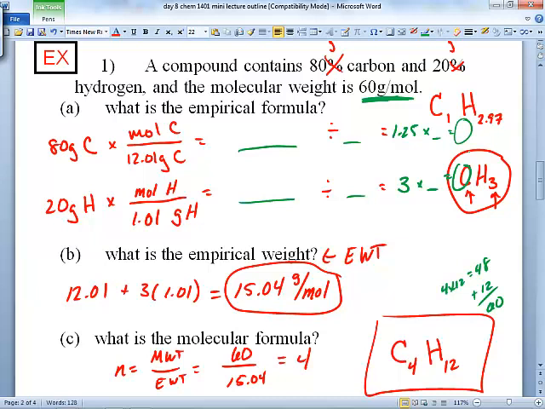What would you multiply these by? 0.25 times what will give you a whole number? 0.25 is really a fourth, because it's 25 over 100. So you'd multiply by 4. So my answer here would be a 5, and I'd have a 12. So my empirical formula would be C5H12.